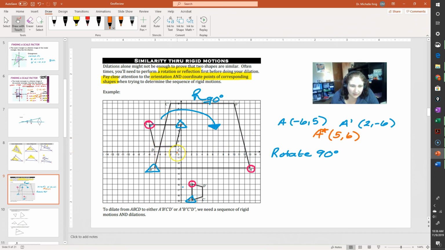Since A was (-6, 5), I'm now going to put A at (5, 6), and we're calling this A star. B is at (0, 5). If I'm at (0, 5), I flip it, and B would be at (5, 0).